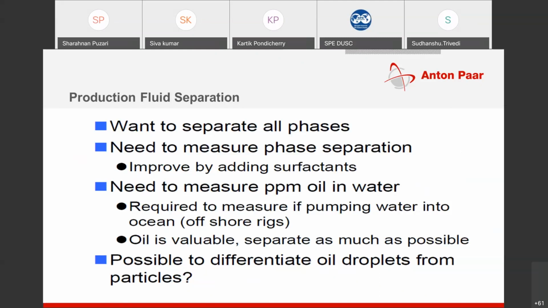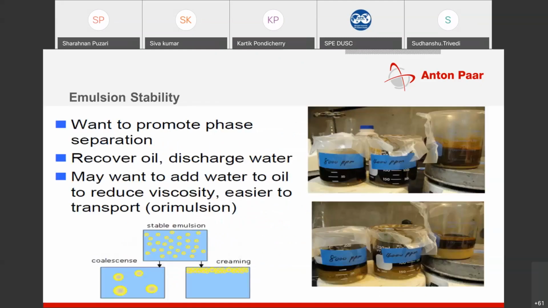And not only the separation, but also the stability is one where you will use a nanoparticle size analyzer or the DLS technique, because in the DLS technique you can measure the stability, and that stability again, you want to promote the phase separation, you want to recover oil, discharge water, and may want to add water to oil to reduce viscosity and make it easier to transport.